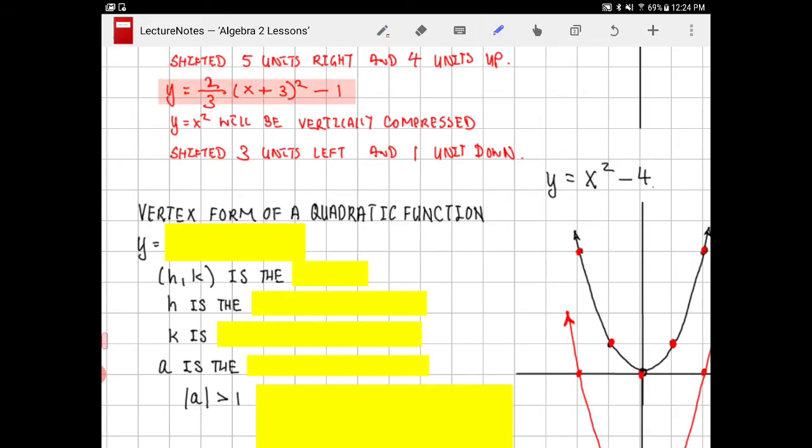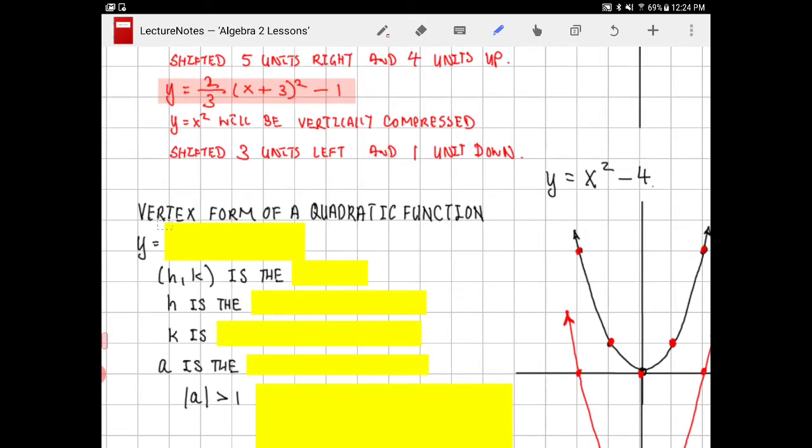Well, this is actually called vertex form of a quadratic function. They take on this general format: y equals a times (x minus h) quantity squared, plus k, where h comma k happens to be, you guessed it, the vertex.